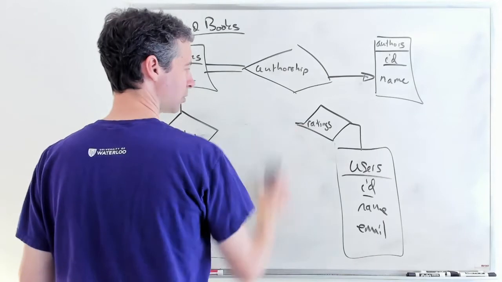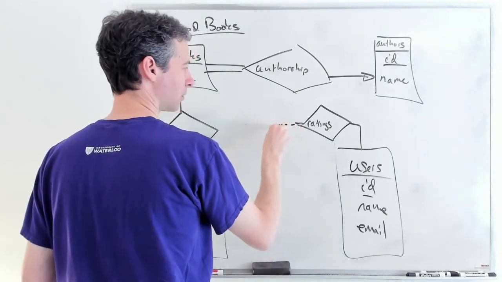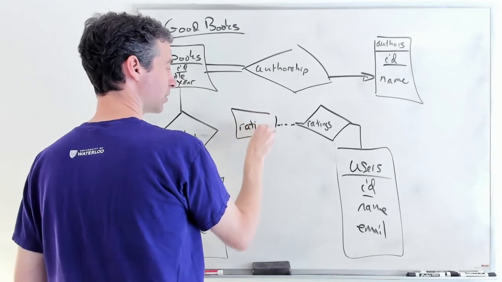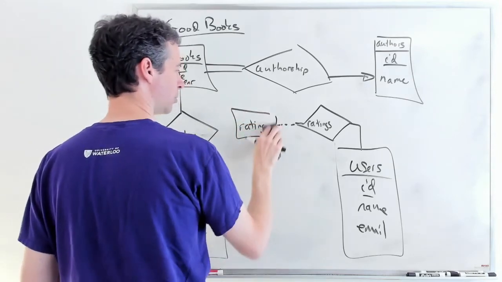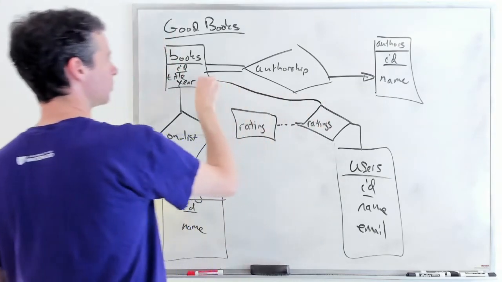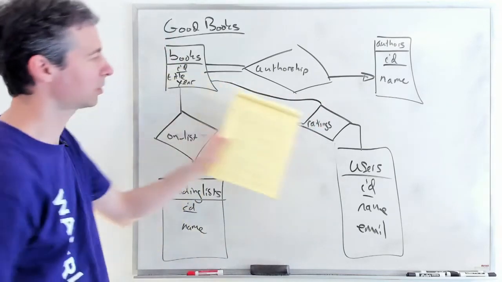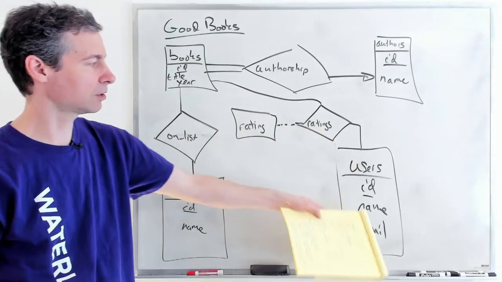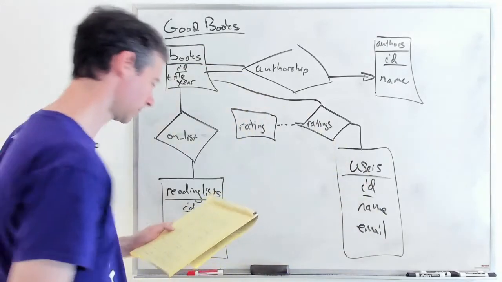And on each rating is an attribute. I mean, in the ratings relationship is a rating attribute. And ratings go to the books. So a book can have many users who've rated it, and users can have many books that they've rated.